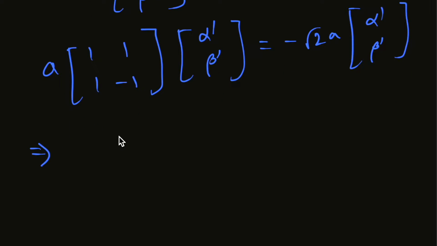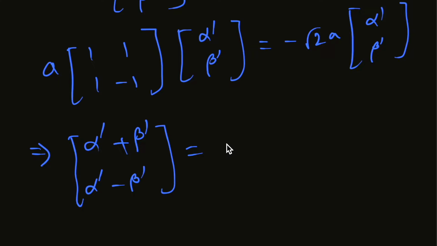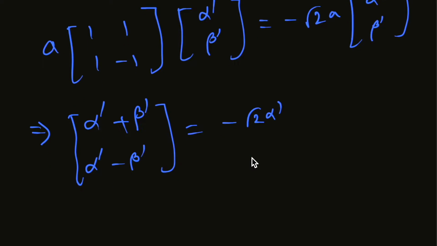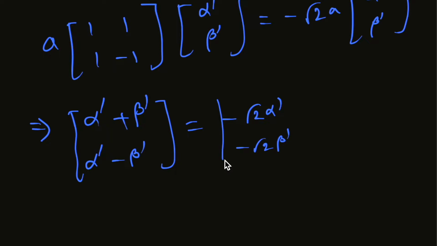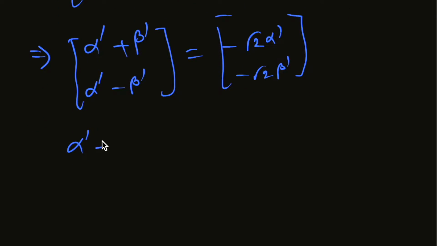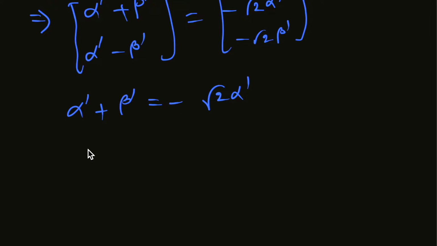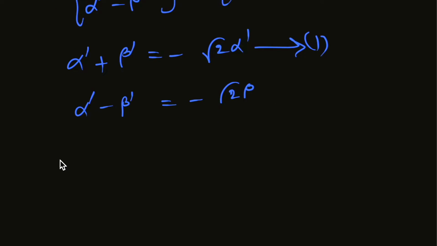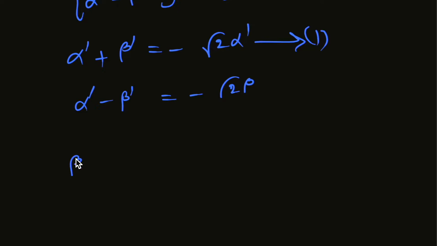That means alpha prime plus beta prime equals minus root 2 alpha prime, and alpha prime minus beta prime equals minus root 2 beta prime. From the first equation we get beta prime equal to (minus root 2 minus 1) alpha prime.